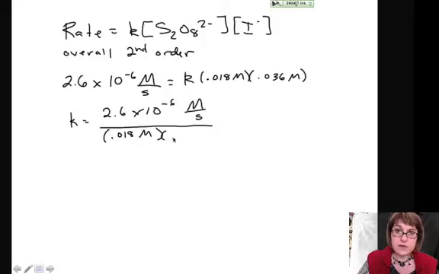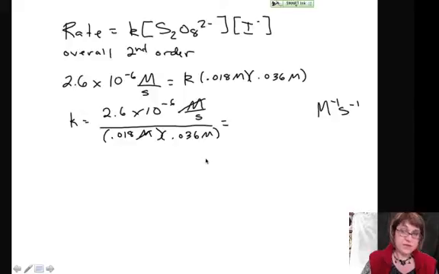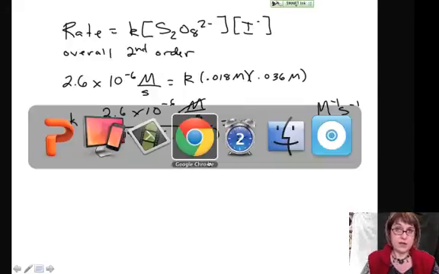Now let's look at the units and see what the units are going to do before I mess with the numbers. I can cancel out one of my big M's, but the other M has to stay there. So my units are going to be 1 over molarity times 1 over second. Now let's do the math. Get your handy calculator out.